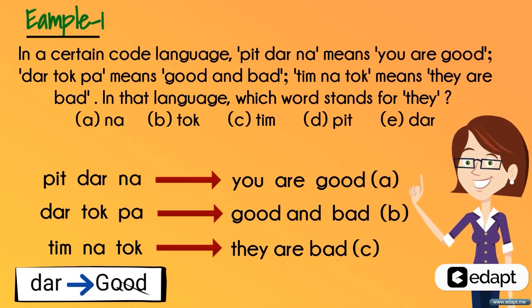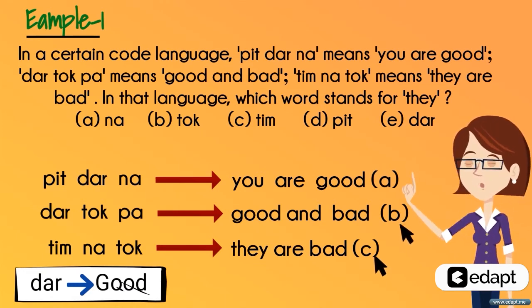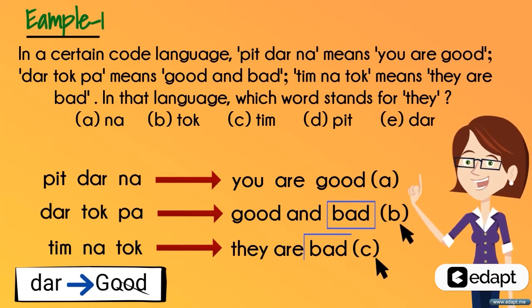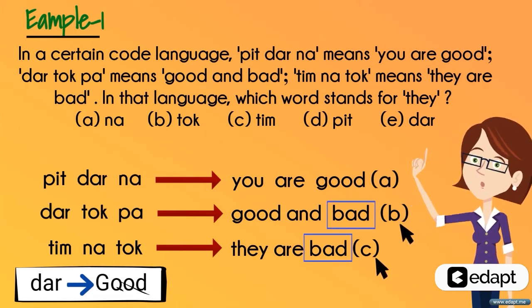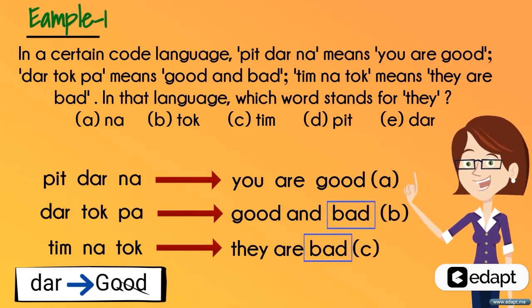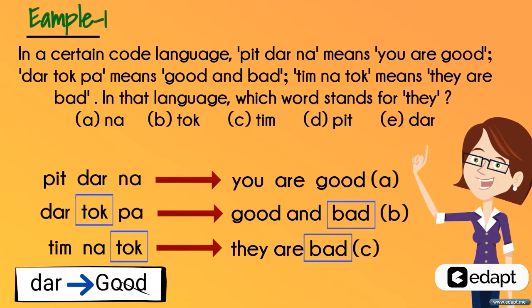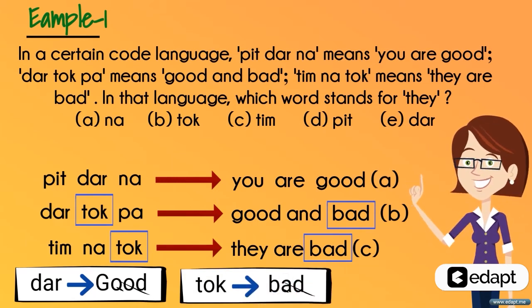Therefore, we can say that dar codes for good. Similarly, we choose phrases B and C having the common word bad. Now, we must find the code word which is common in both the phrases. We see that the code word tok is present in both the cases. Therefore, tok codes for bad.